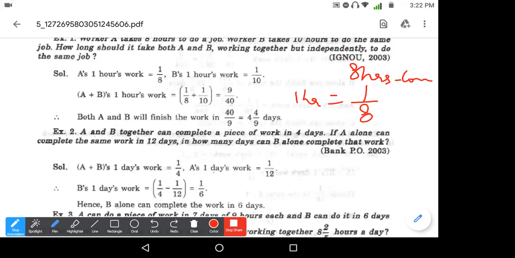Okay, this is for A. Now similarly for B, if he is taking 10 hours to finish the job, in 1 hour he will be able to do 1 by 10 of the job.